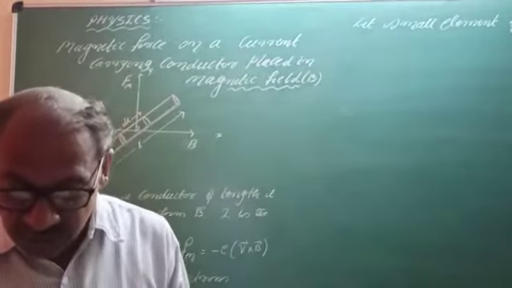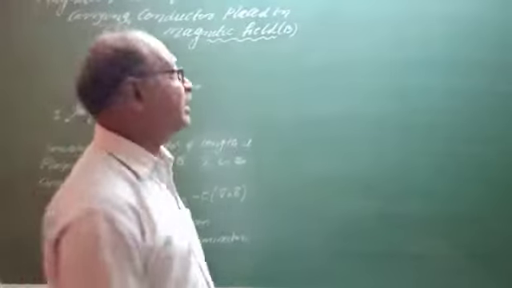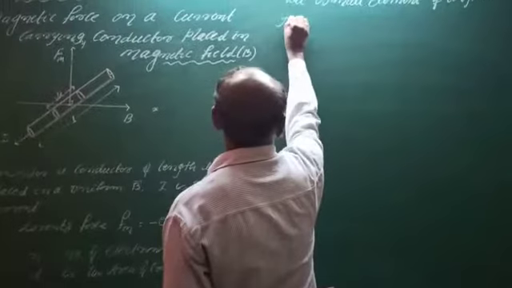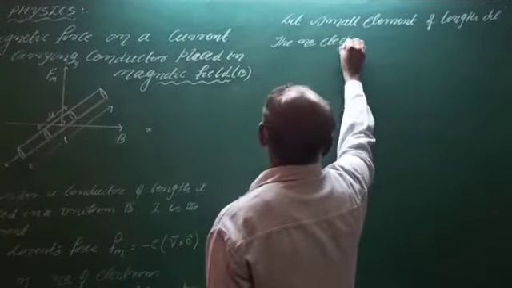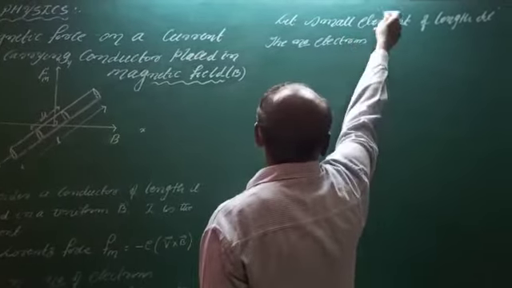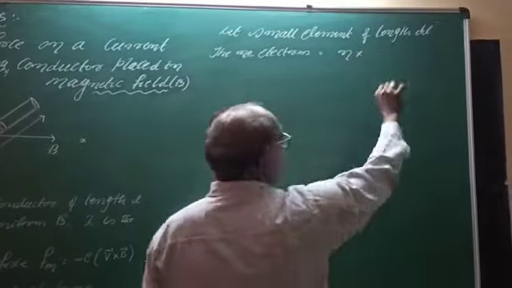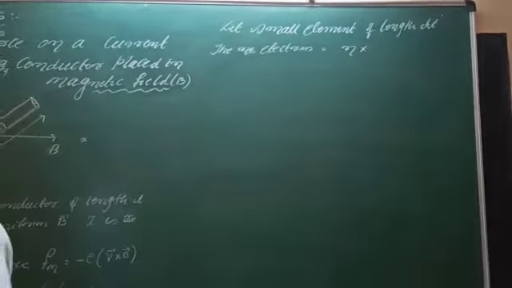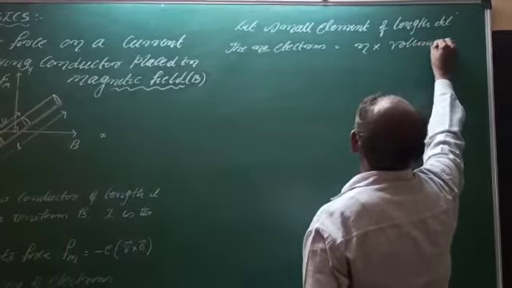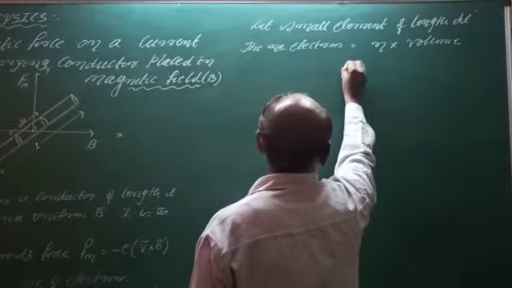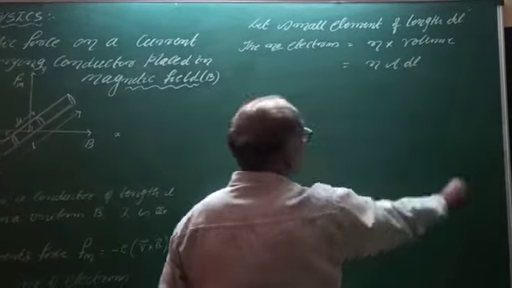We already know that the number of electrons in the small element is nothing but n into the volume. So the number of electrons is equal to n into A into dl.